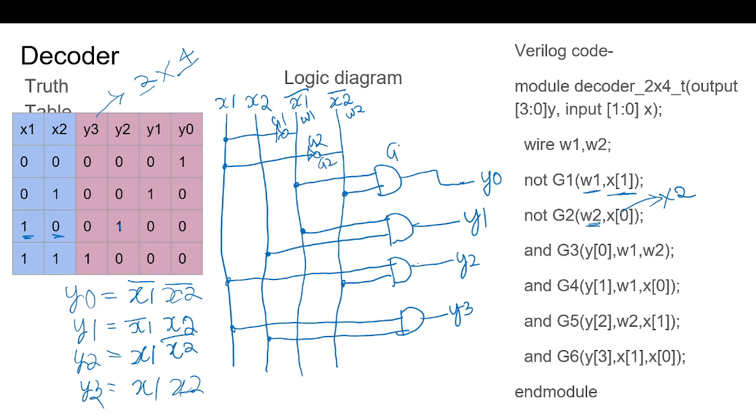In gate g3, I am performing the AND operation of w1 and w2. Then I am performing w1 and x2, this x0, and w2 and x1. So gates G4, G5, and then G6, and then x1 and x0, I am getting the y3. So is this 2 cross 4 decoder clear? Any doubts?